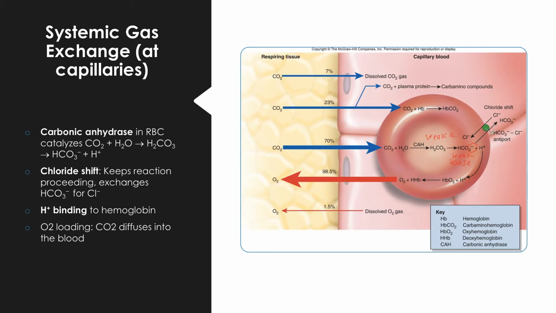So a process called the chloride shift happens where bicarbonate is kicked out in exchange for a chloride anion coming in. So this keeps the charge inside of the cell the same, even though every time a bicarbonate is made by this process, it gets kicked out. So it keeps the charge on the level.